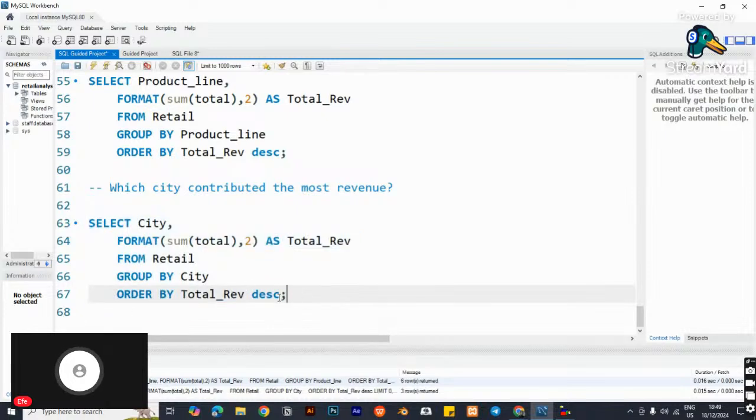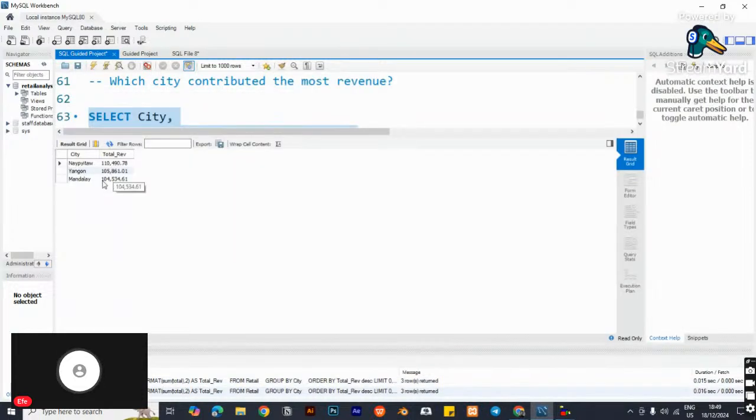So if we're looking to penetrate this city, Mandalay, okay, we could begin to partner with different e-commerce, different business, different retail, different company, different brand.